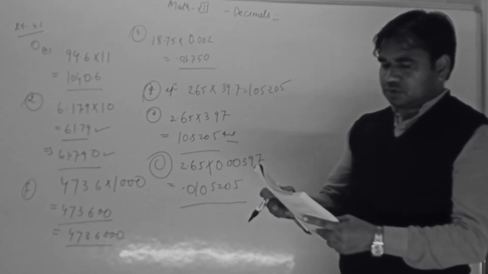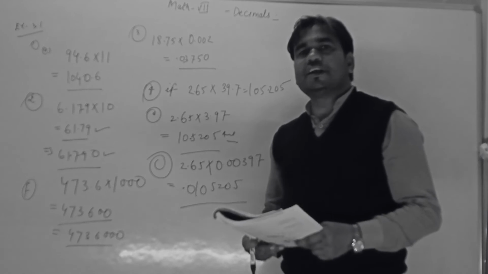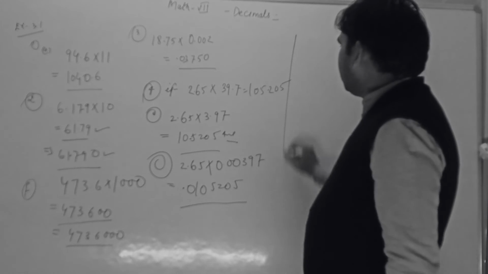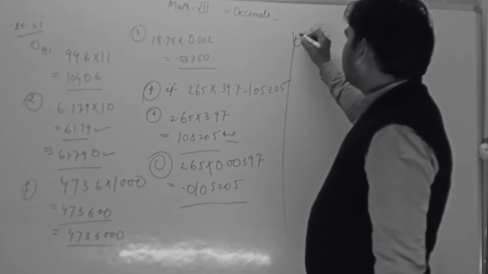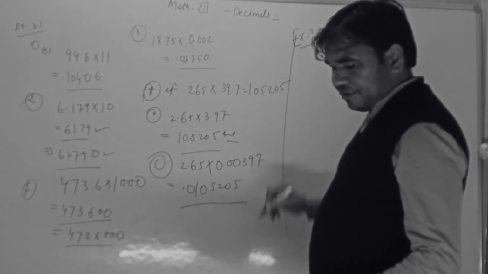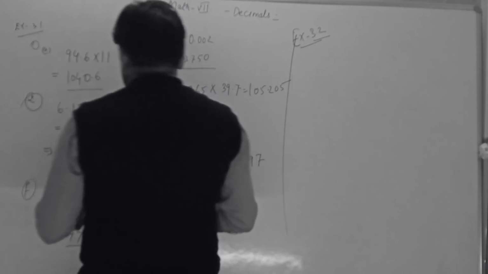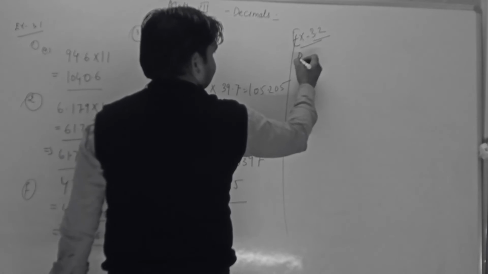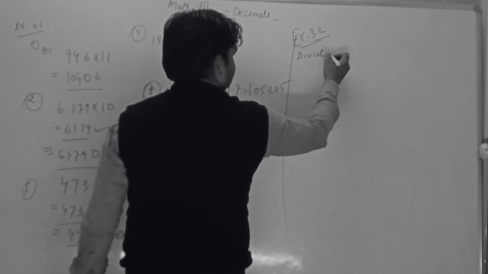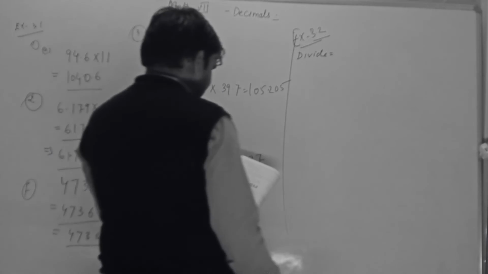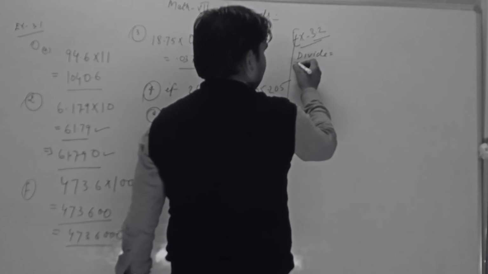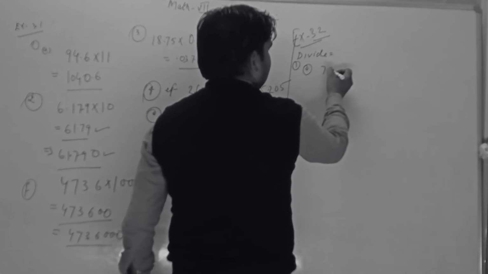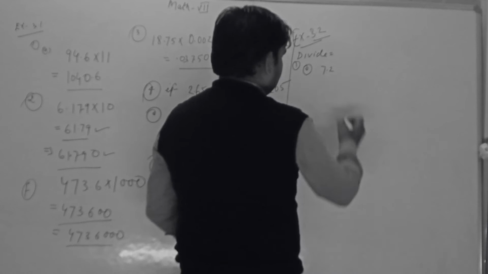And after that, exercise 3.2. So in exercise 3.2, that is division. So we can take exercise 3.2. So this is division. First question, part 1: 7.2 divided by 4.